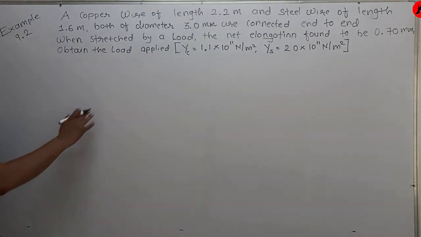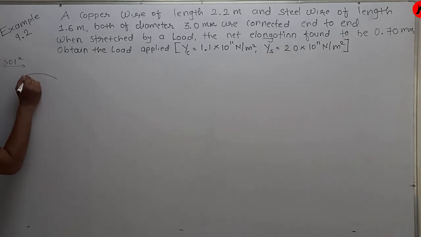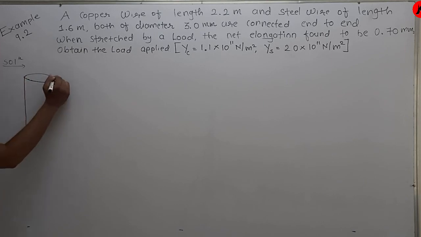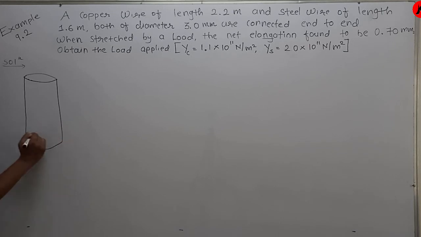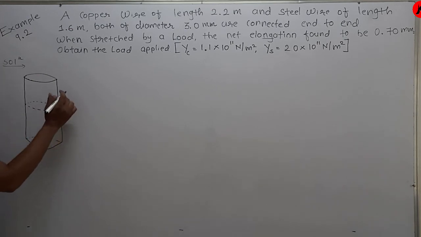Both wires have the same diameter, given as 3 mm, and are connected end to end. So first of all, let us draw the figure. Here we have two different wires.